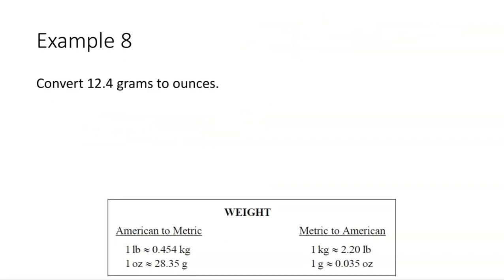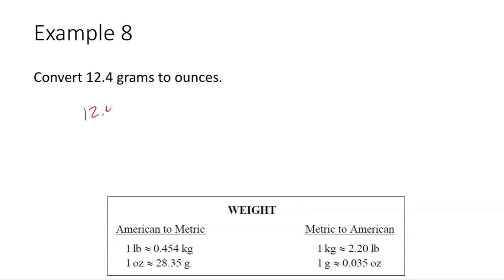If I'm going to go 12.4 grams to ounces, I'll start with 12.4 grams. And what I know is that 1 gram is about 0.035 ounces.